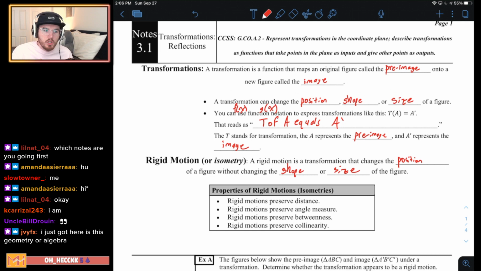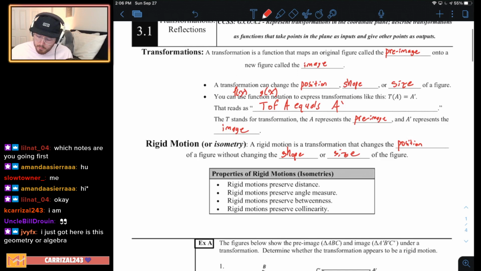So a rigid motion only moves the object around, maybe a rotation, maybe a flip. But if it started as a triangle, it's going to end as a triangle. If it started as a small triangle, it's going to end as that same small triangle. It might be in a different spot, but you're going to look at it and go, oh, that's the same triangle. That is a rigid motion.